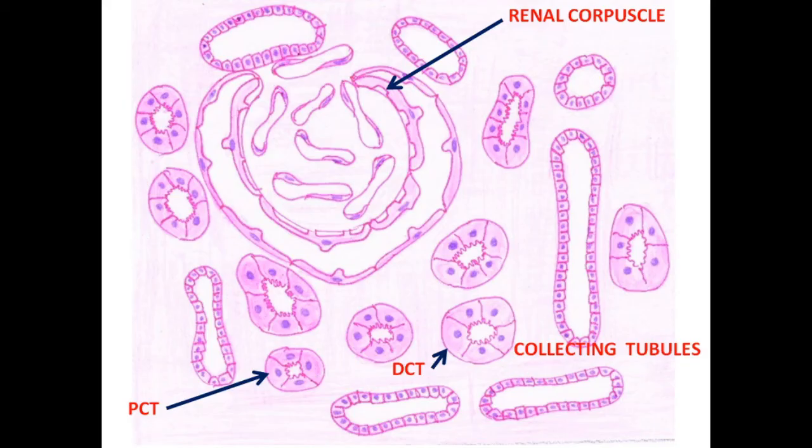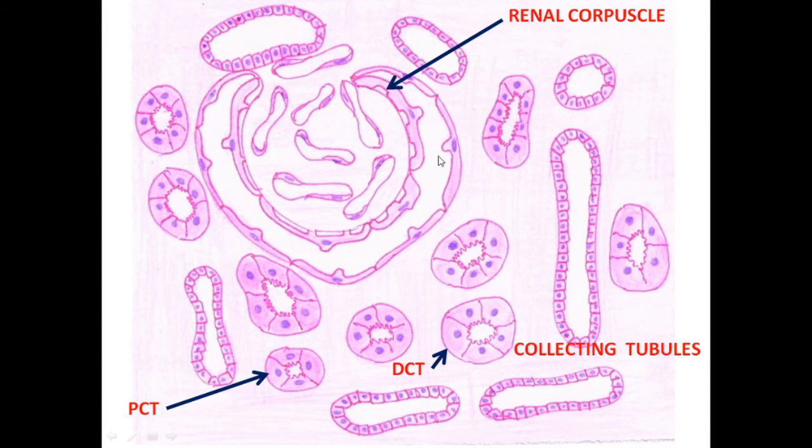If you want to show it schematically, this is the entire renal corpuscle. This is the inner visceral layer, which is formed by the podocytes. Here the fenestrated endothelium along with the podocytes and the glomerular basement membrane will be forming the filtration barrier, and this is the outer parietal layer, which is formed by simple squamous epithelium.